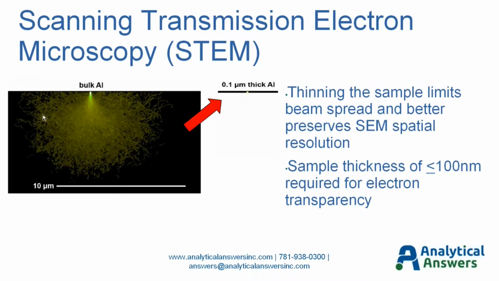By removing the backside of the material, you take out all this extra material that causes scattering within and also X-ray generation from within this volume, and confine it to very much near the entry point of the electron probe. Now, the thickness that's required for this is on the order of 100 nanometers or less, so we do need to make very thin samples to reach electron transparency and have this kick in for us.